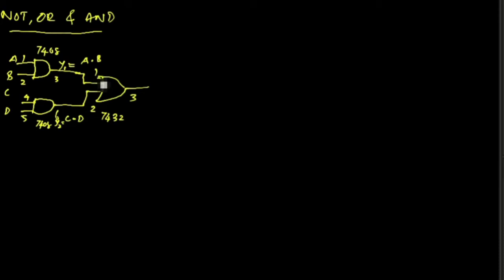Now the inputs of 1 and 2 are Y1 and Y2. So here the output Y will be Y1 or Y2. Actually, if we write the expression for Y, it will be A and B or C and D, that is Y1 or Y2.